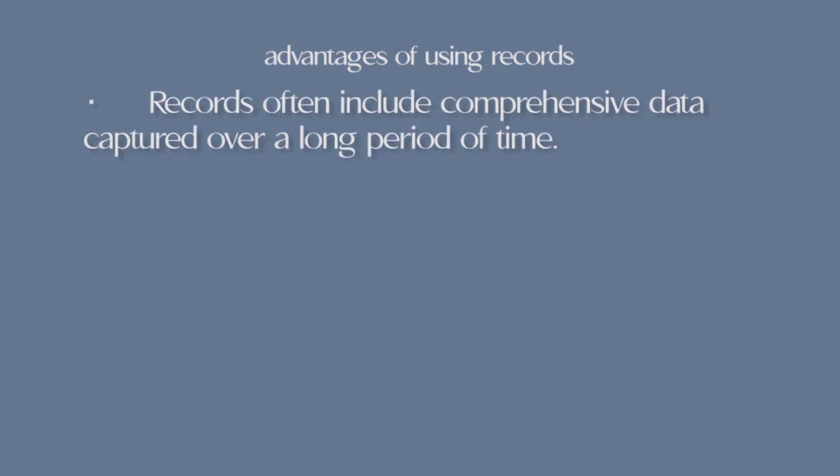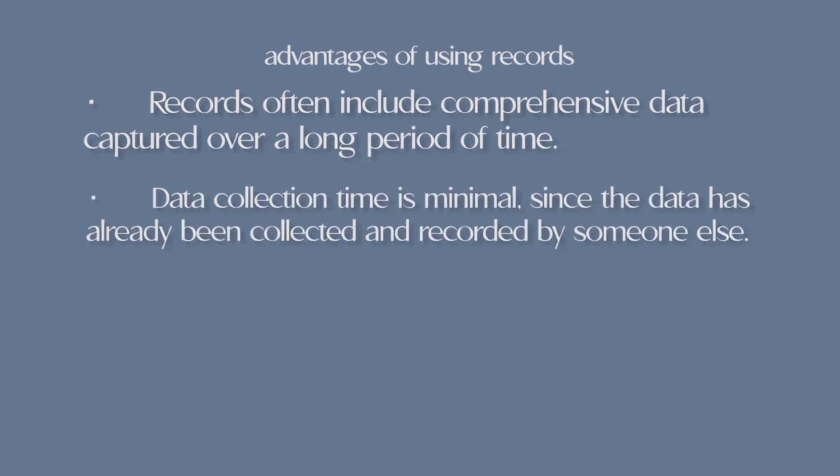The advantages of using records are: records often include comprehensive data captured over a period of time. Data collection time is also very minimal since the data has already been collected and recorded by someone else.